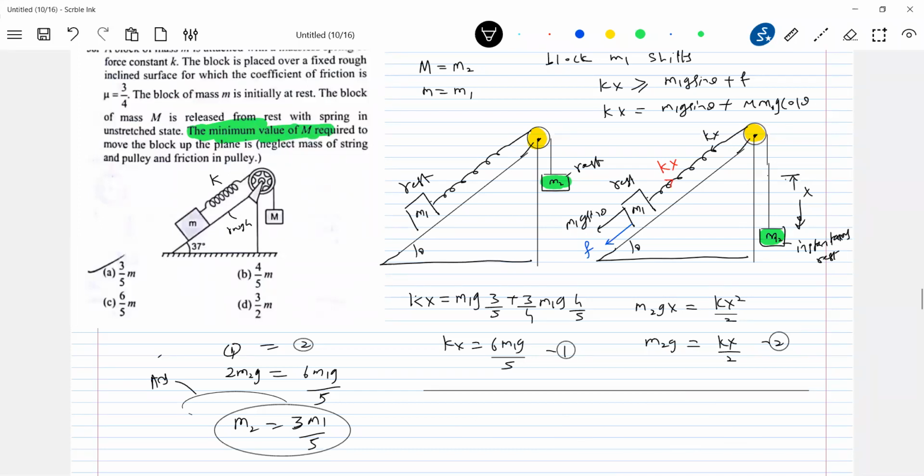So what is the conclusion we can make here? At lower or upper extreme, acceleration will be non-zero, velocity will be zero. At mean, velocity will be maximum, acceleration will be zero.